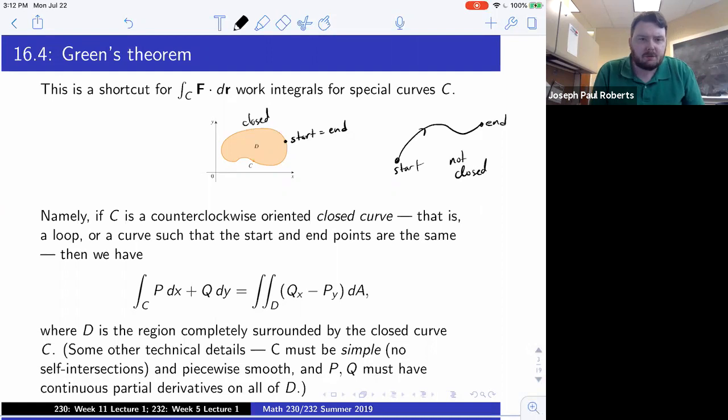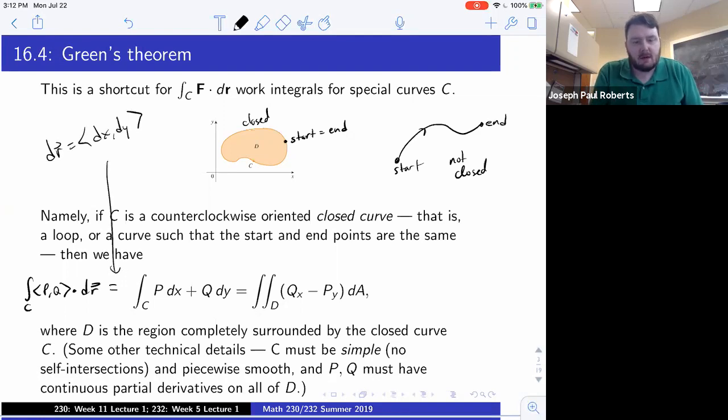And so, okay, what does Green's theorem say? It says that this line integral of P dx plus Q dy, which really is just a different way, remember the notation, you could use F dot dr or P dx plus Q dy notation. Remember, think of the dr vector as being the vector dx comma dy, so that when you do this dot product, that's exactly what you get.